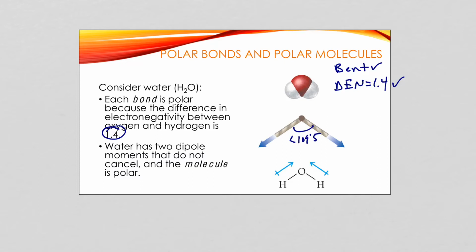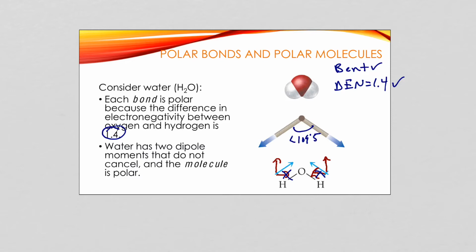We can illustrate it like this: if we were to separate this dipole into an up part and a right part, and this one into an up part and a left part, what we see is that the left and right parts might cancel, but the up parts won't.